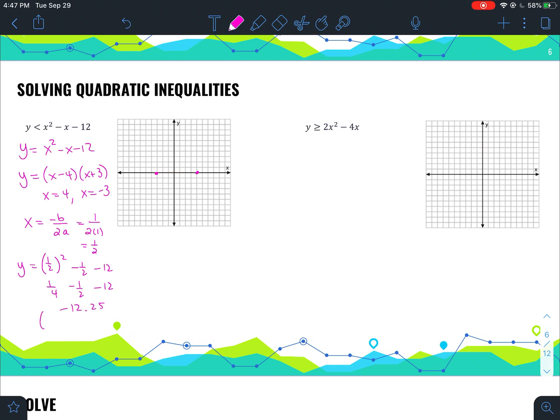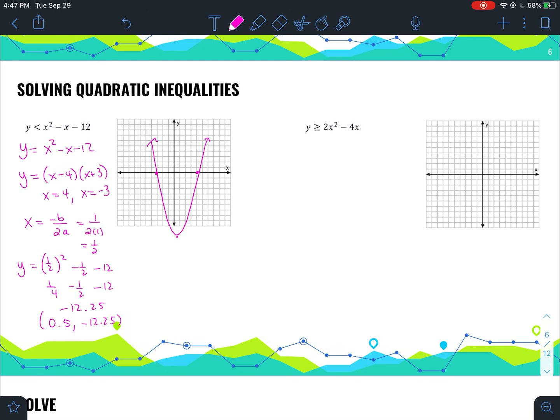So my vertex is going to be at 0.5, negative 12.25. So at 1/2, and then negative 12.25 would be down here somewhere because it's a 10 by 10. And so that would be what my parabola would look like.